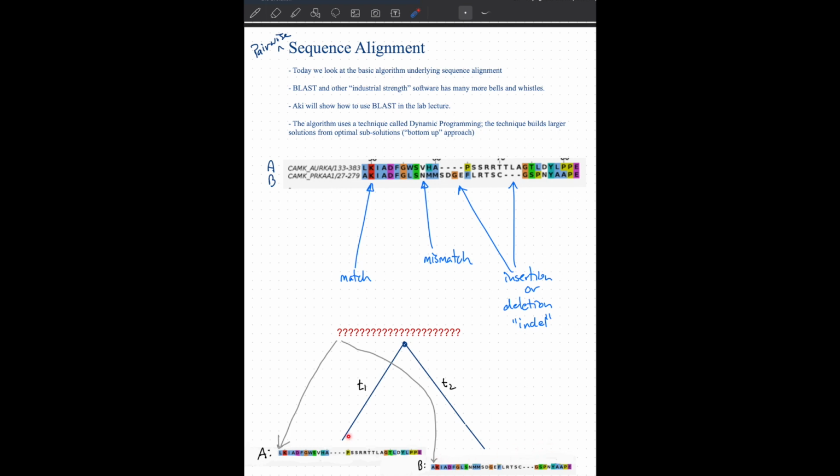I assume essentially that there's some ancestor to species A and B, and there's been T1 units, like PAM units of evolution, leading to A, and simultaneously there's been T2 units of evolution leading to species B. In the first position we have an L and an A, and the question then is what amino acid existed up here at the root, right? And the same thing is repeated for every other amino acid in the chain.